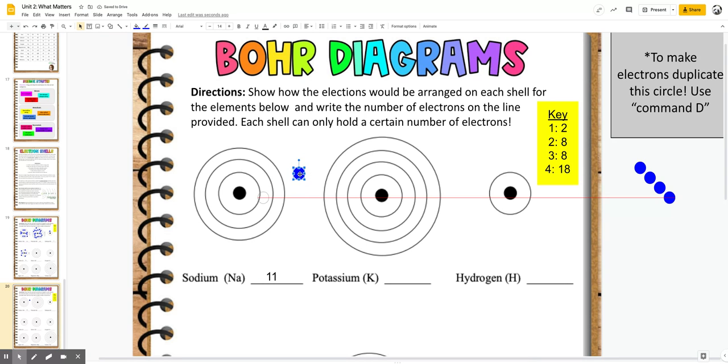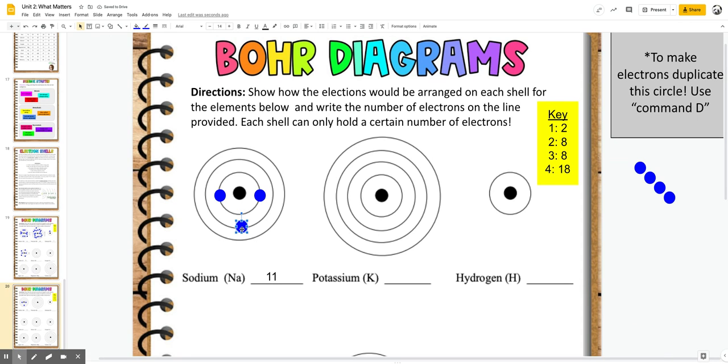We always start on the very first shell closest to the nucleus, which is this one right in the center, and we can fit 2 electrons on this first shell. So that means we are going to fill the first shell completely, and we're going to have to move on to the second to continue putting the rest of our electrons, since we need a total of 11.